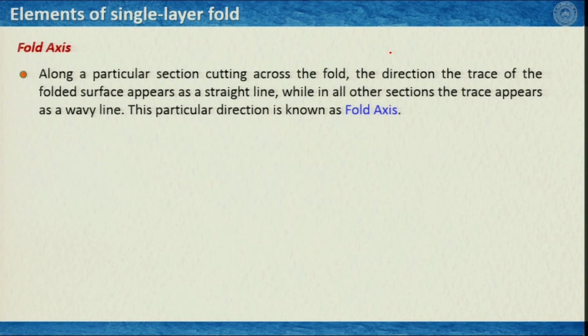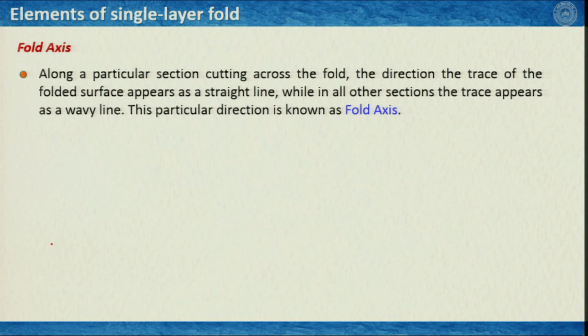Now, if I have a folded layer, then along a particular section cutting across the fold, the trace of the folded surface appears as a straight line, while in all other sections the trace appears as a wavy line, and this particular direction is known as the fold axis. What does it mean?